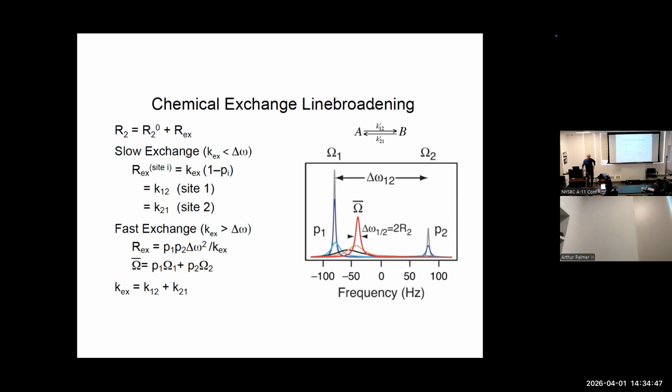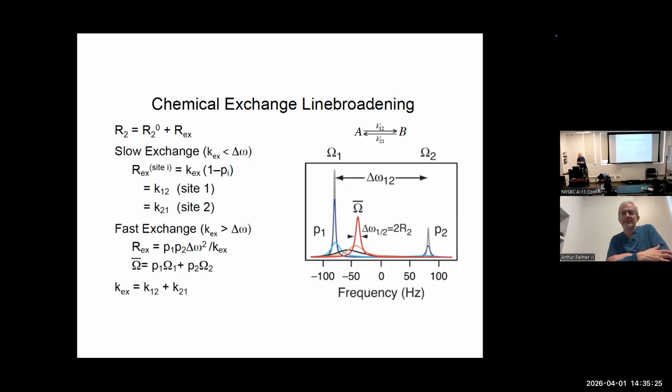Skrynnikov and Kay have an elegant way of doing this by looking at the difference in peak positions for HSQC and HMQC experiments. Because in the HMQC, you have multiple quantum coherence, and the exchange process influences the multiple quantum coherence a little differently than it does the HSQC single quantum coherence. So that can help you decide the sign of delta omega, added to a CPMG experiment.